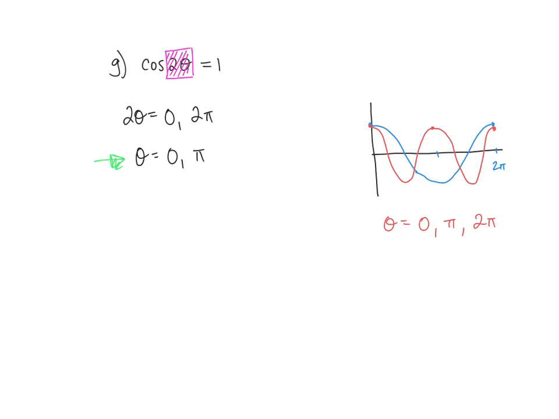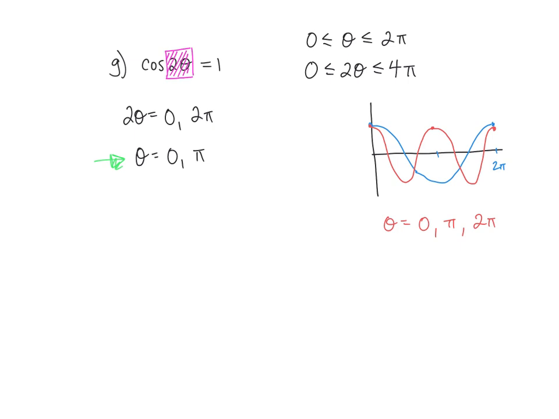So what I want you to think about is originally cos of theta equaling 1, we would have given values between 0 and 2 pi. But as soon as we go to double that value of theta, I want to be thinking about, I've doubled theta, so what is happening between 0 and 4 pi?